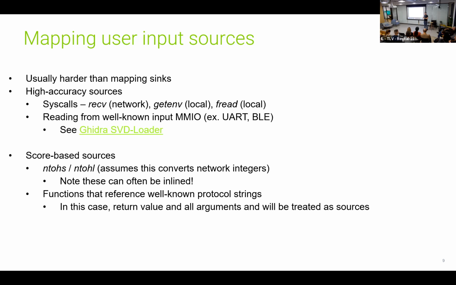The function by itself doesn't do anything interesting, but part of the concept is understanding, hey, if I have this conversion, it means this integer is coming from the network. So maybe this integer is controllable, and we found a lot of interesting integer overflows with this. So you can be creative in the binary and say, if this manipulation is performed on the data, maybe it's coming from external inputs.